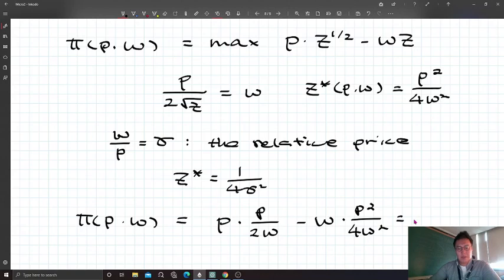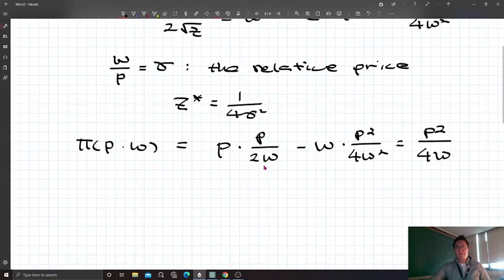Then summarizing this, I think p squared over 4w. Yes. Okay, so now we have a profit function.